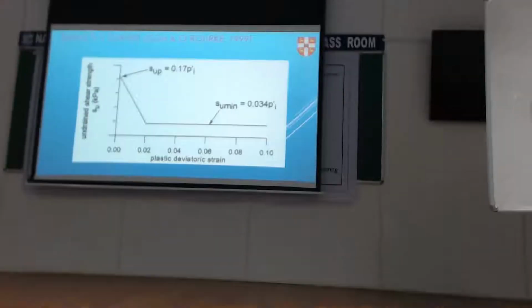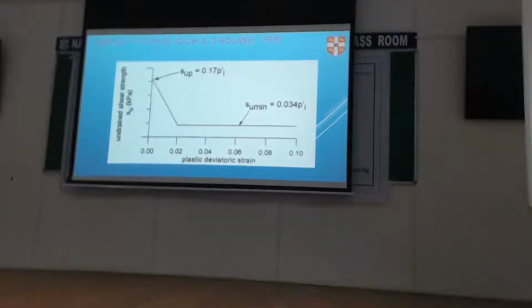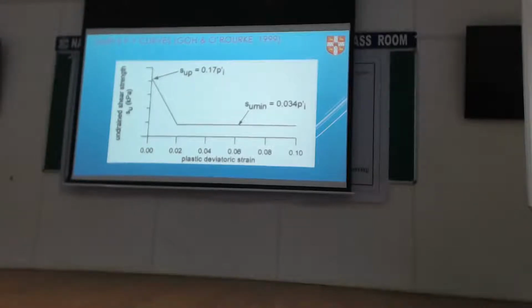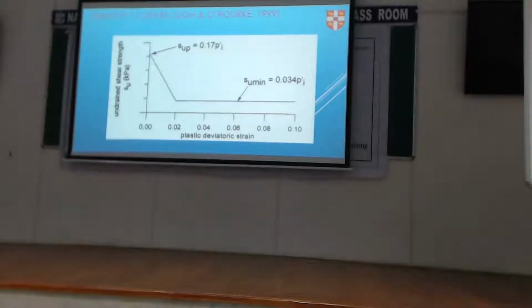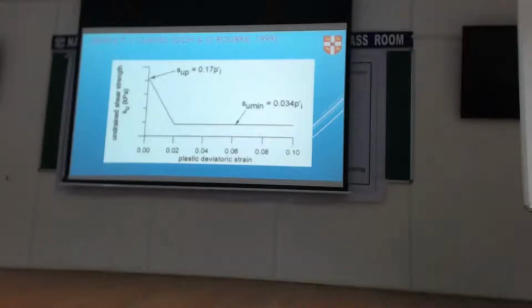As the soil wants to move past the pile, it is going to suffer irrecoverable plastic strains. So if I have a measure of that, and I know what my initial undrained shear strength is, then they're saying up to about a plastic shear strain of 0.02, there's a linear drop. After that, it remains at its minimum value.